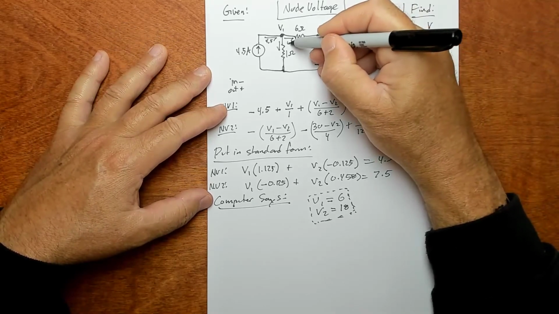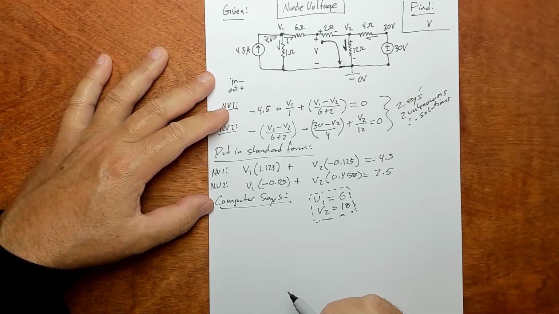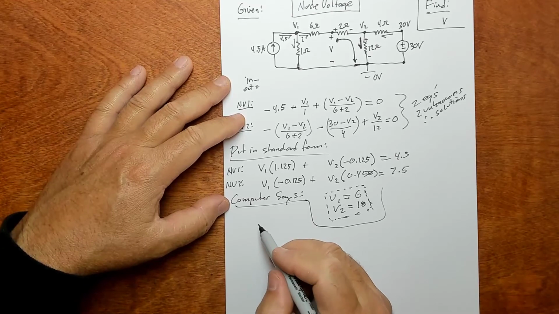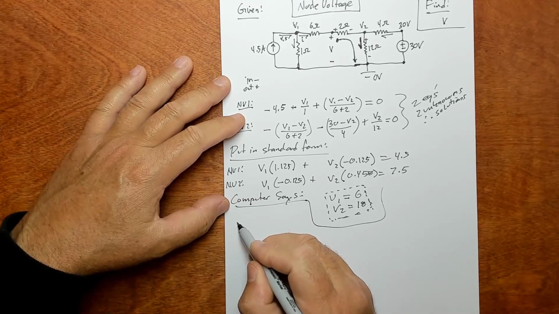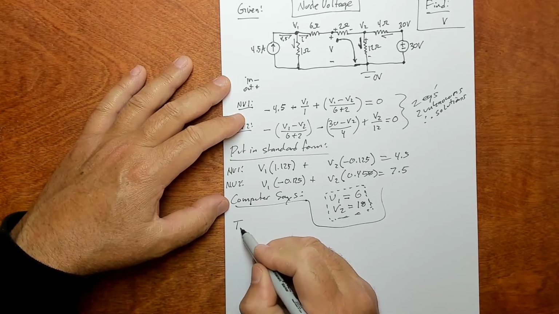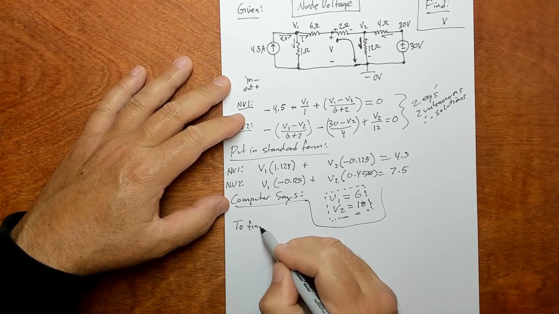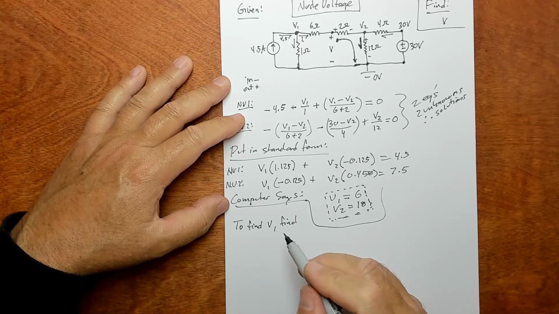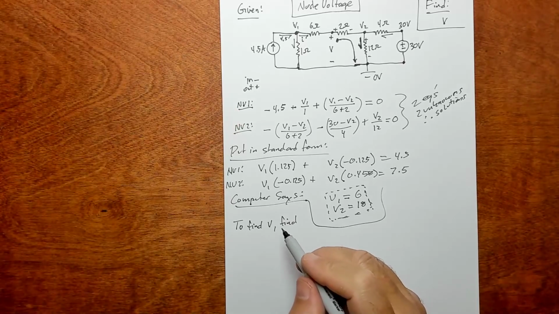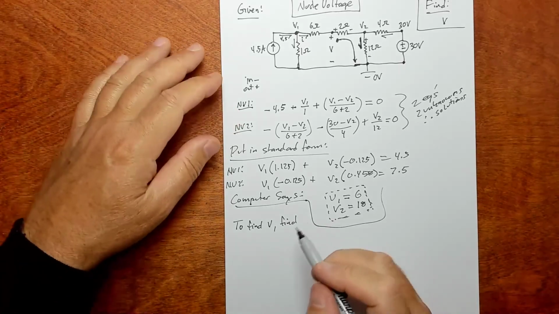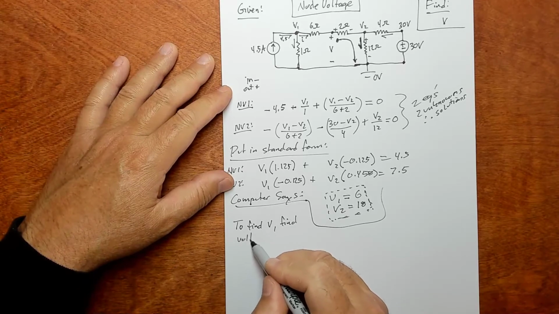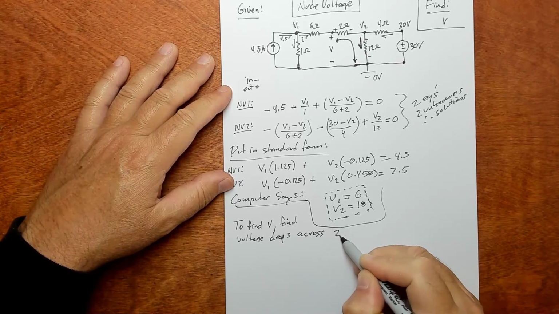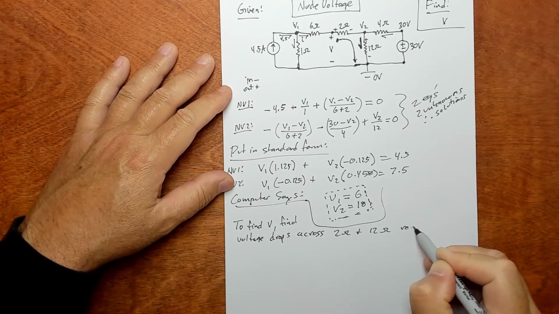Let's call this I, so we can write some equations. Let me just document what I'm doing. To find V, find voltage drops across the 2 ohm and the 12 ohm resistors.